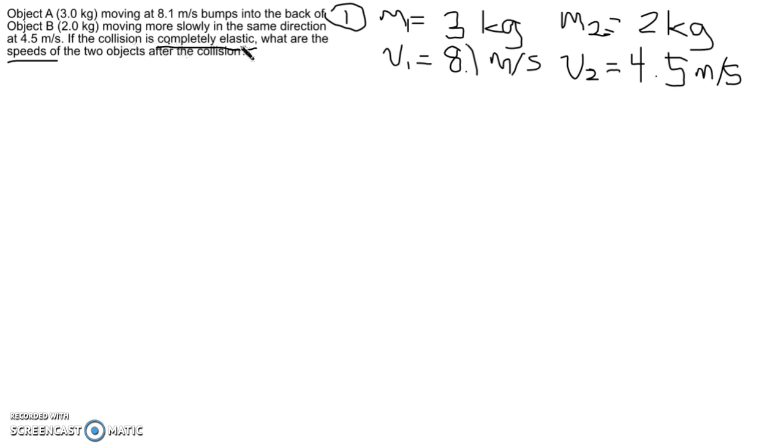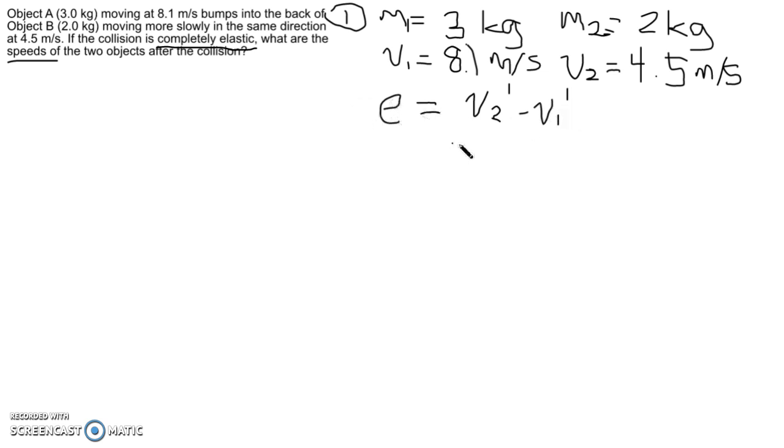So if it's completely elastic, we're looking for the final velocities. Since it's an elastic collision, we set up our formula with the coefficient of restitution, E, which equals V2 minus V1 over the first initial velocity minus the second initial velocity.